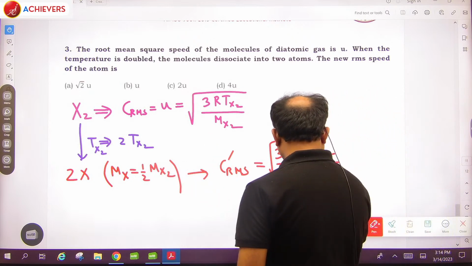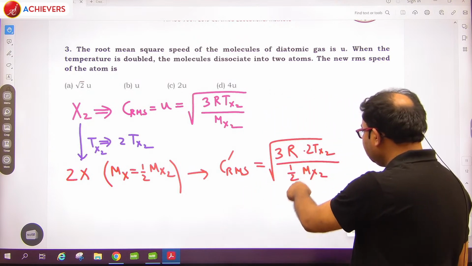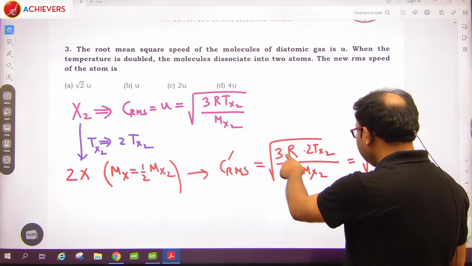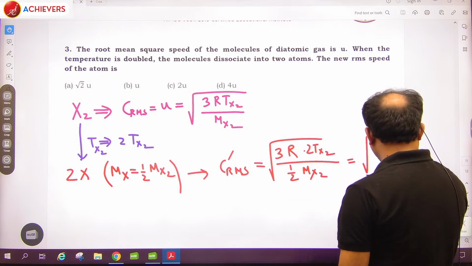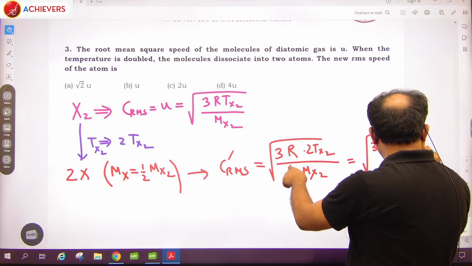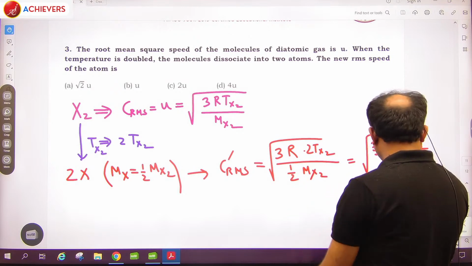So put half Mx2 over here. So it becomes 3 multiplied by 4 RTx2 divided by Mx2.